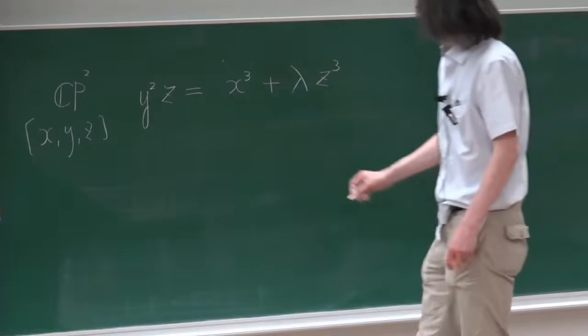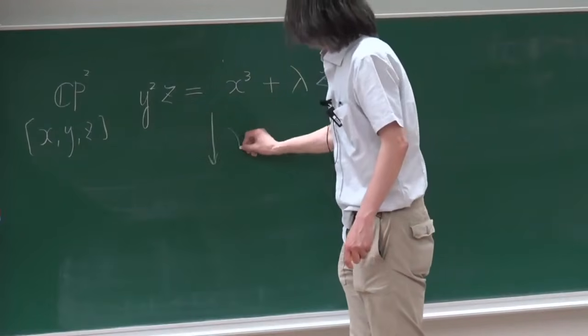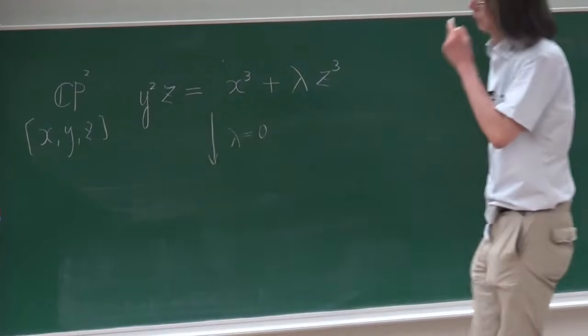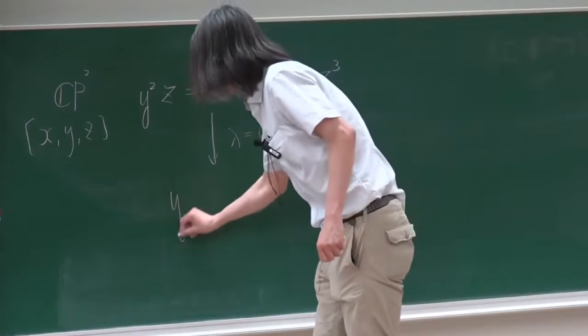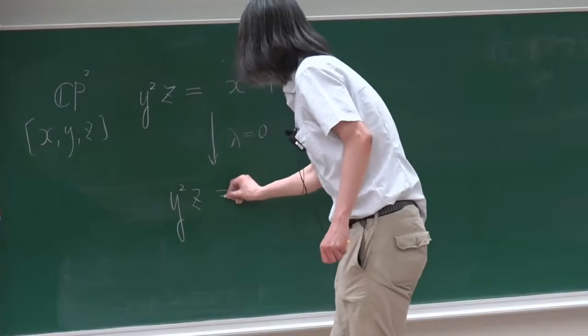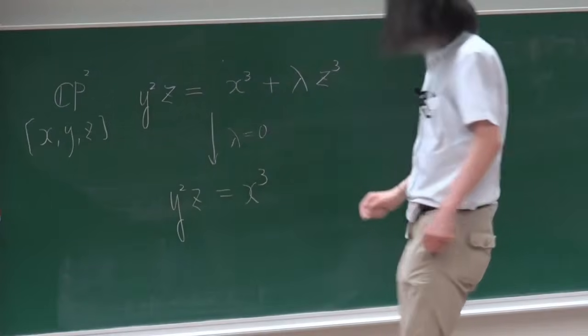When lambda tends to 0, this one converges to y squared z is equal to x cubed.